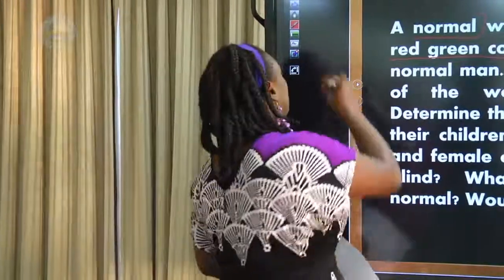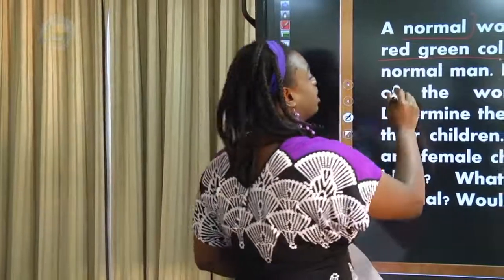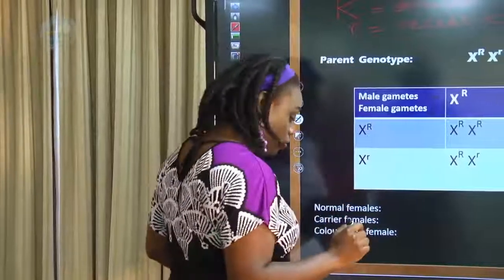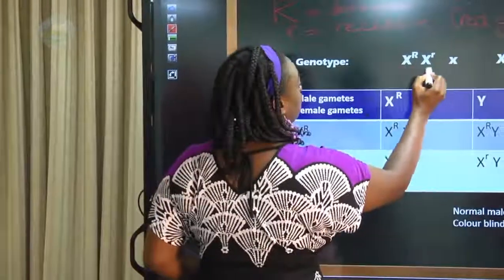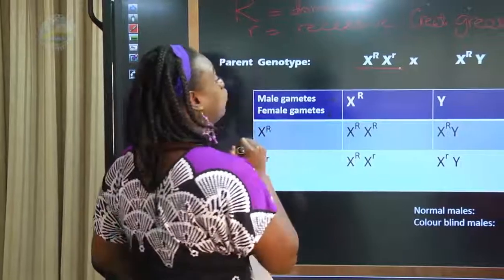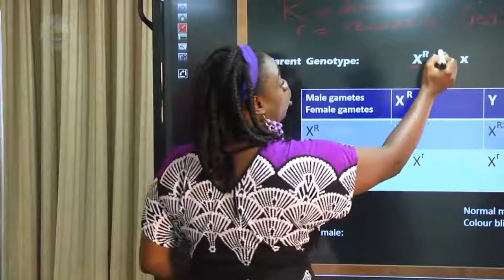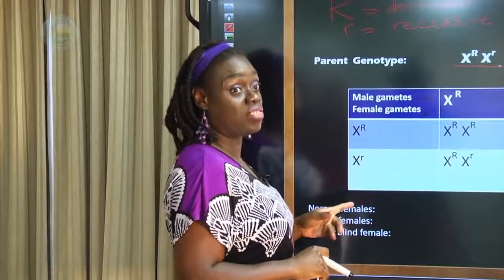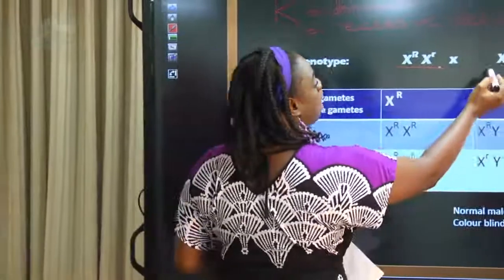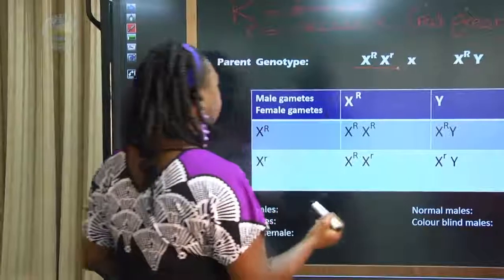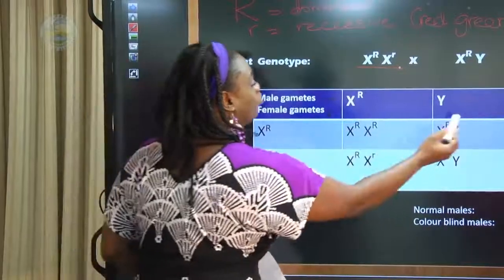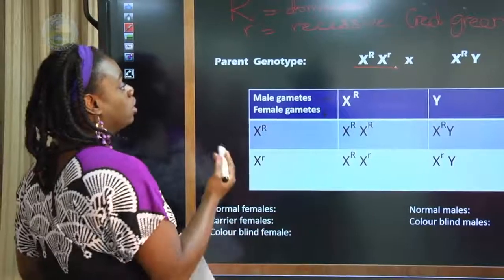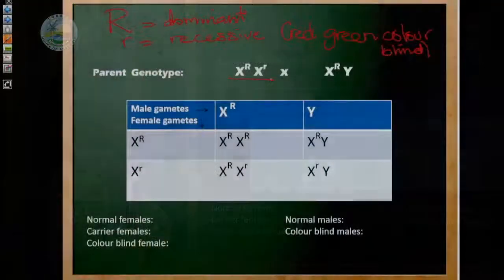Capital R she would have gotten from her mother, and the small r she would have gotten from her father because the father had the disease. And she marries a normal man. So this would be the result of the union between these two persons.